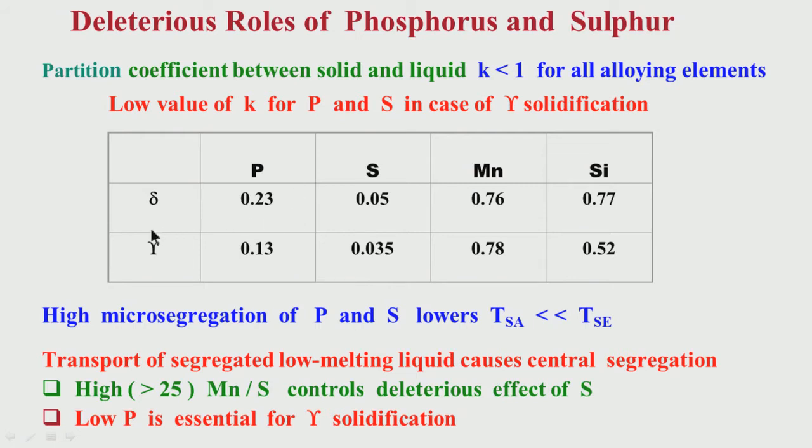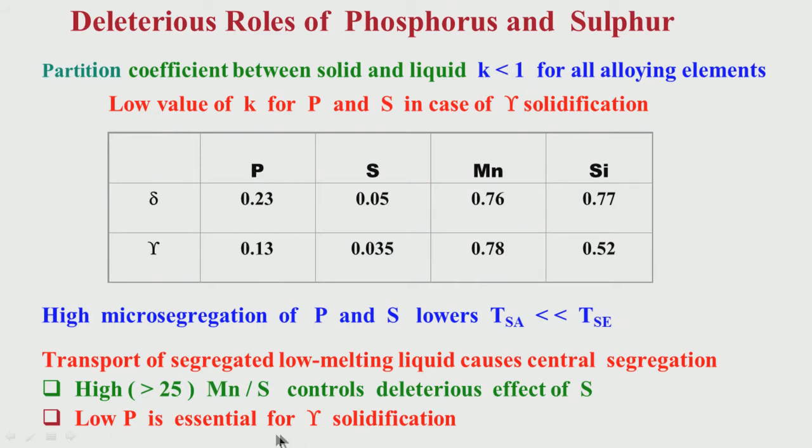So in the case of austenitic solidification, the effect of phosphorus and sulfur is more deleterious, and since the sulfur effect is taken care of partly by having manganese in steel, we have to be careful about phosphorus because there is no other alloying element which can take care of its deleterious effect.